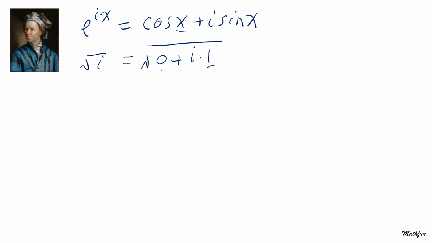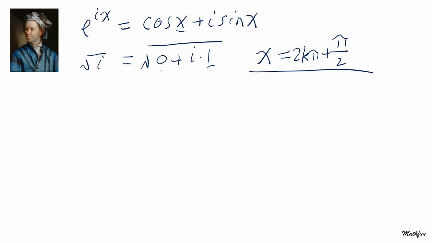So what is that number? Well, we know x should be equal to half a pi plus 2k pi. Don't forget that one, otherwise you're going to mix some things up. Okay, so this is the x.